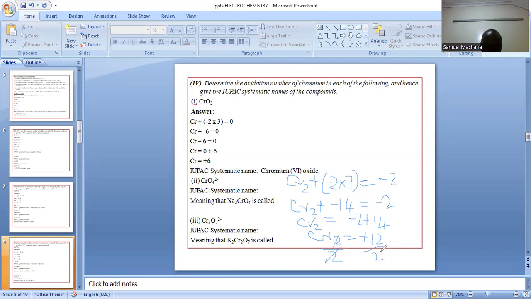And here you get that chromium is equal to +6, because +12 divided by 2 is +6. And that is why the IUPAC systematic name for this ion, we call it dichromate 6. So this compound is now called potassium dichromate 6.